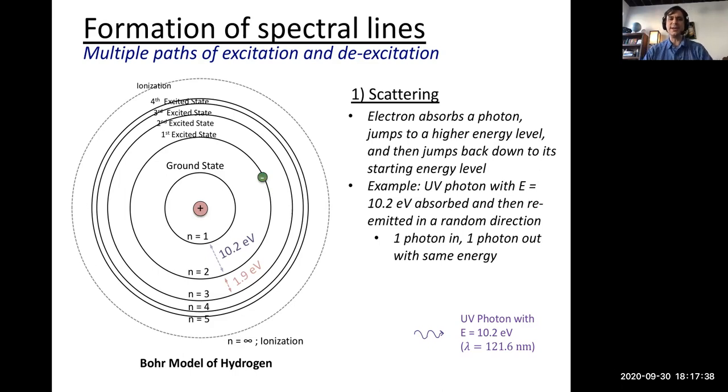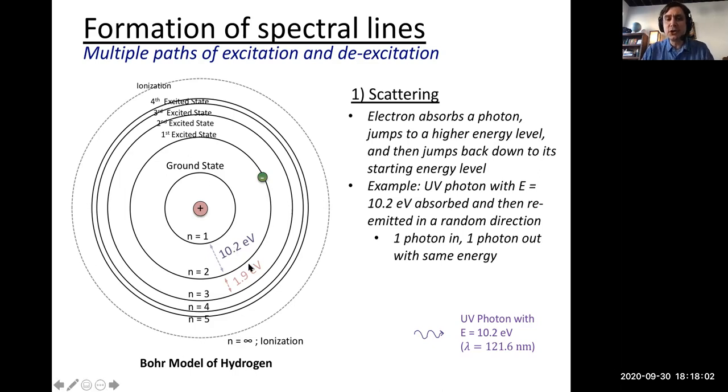Although it doesn't like to stay in an excited state, everything likes to go to its lowest energy state. Remember, nature is always pretty lazy. So it's going to shed that excess energy and fall back down to the ground state. This happens in about 10 to the minus 8 seconds on average. How is it going to do it though?